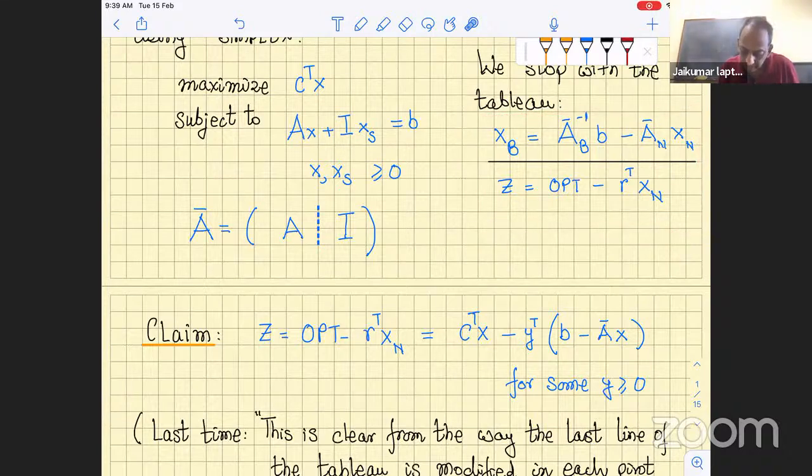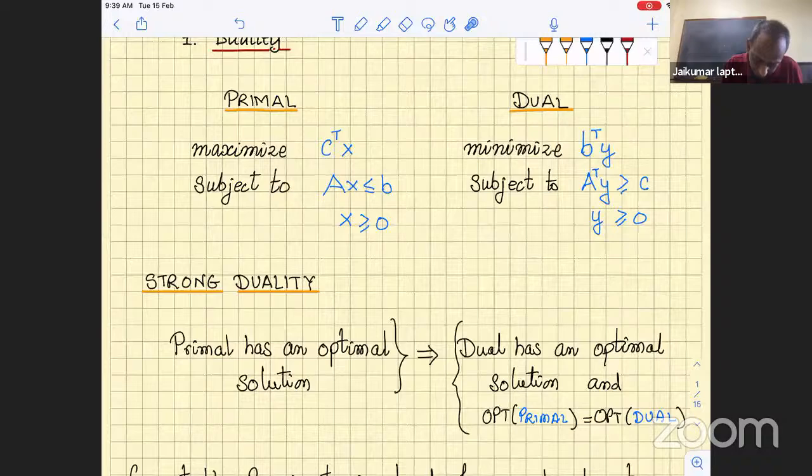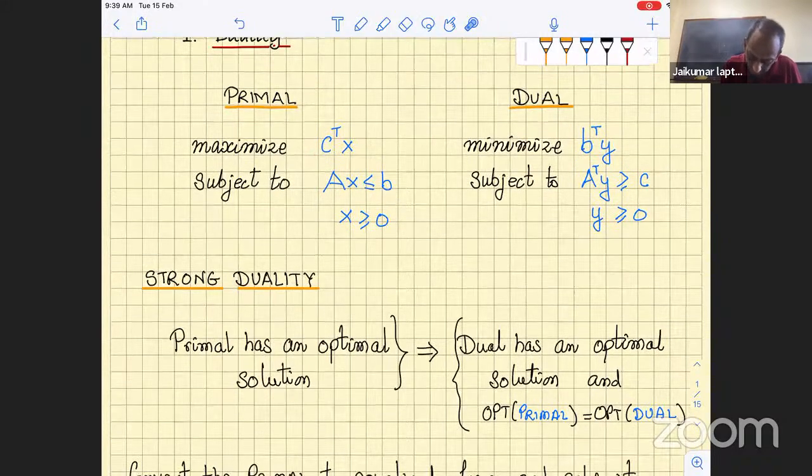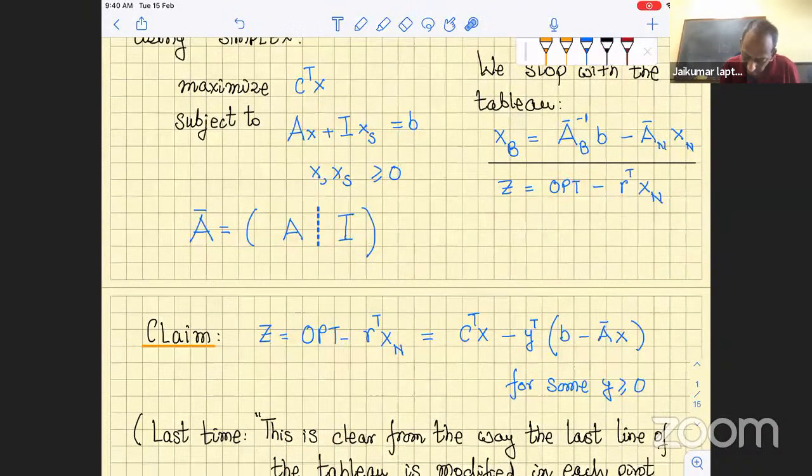Last time we said that this final optimum was obtained from the original objective function. The last row of the simplex tableau was obtained by starting with the original objective function, written as c transpose x, and adding some multiples of this equation.